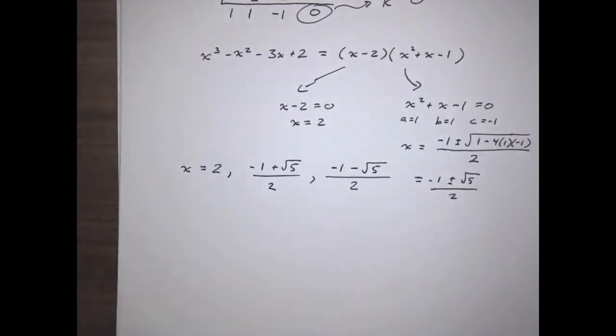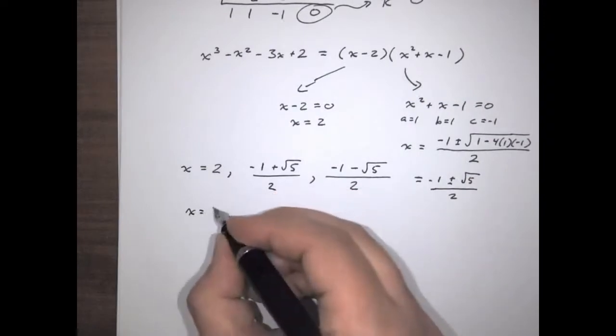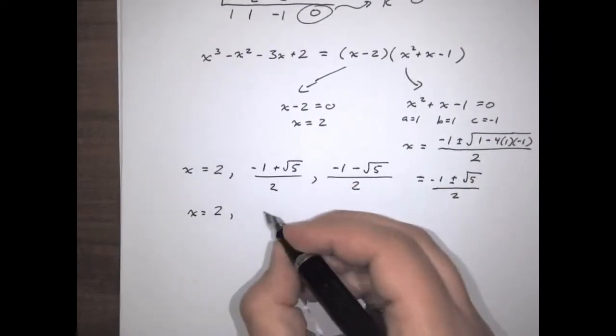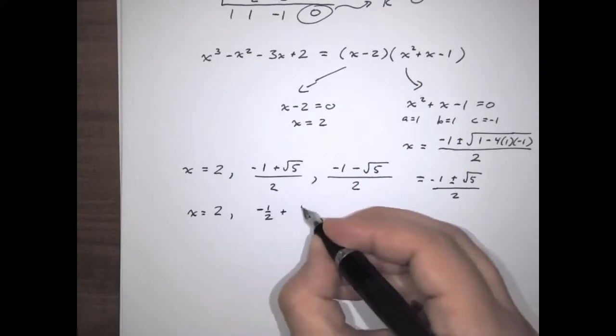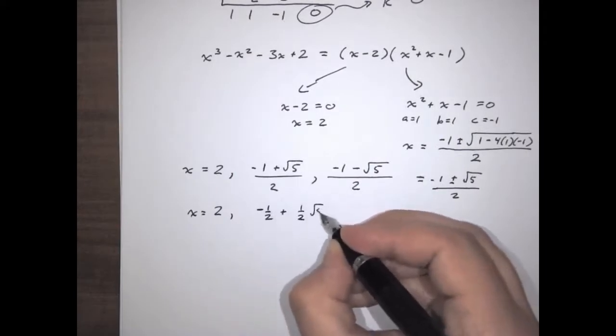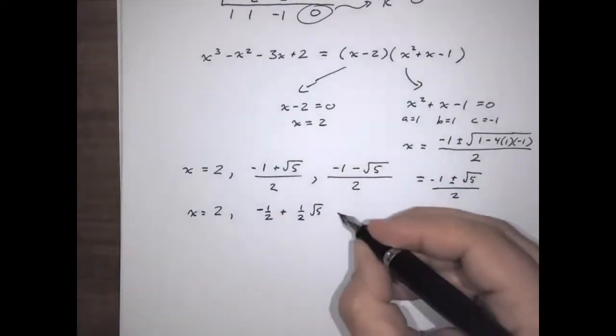Sometimes you will see these two roots rewritten as negative 1/2 plus 1/2 square root of 5, where you just basically distribute the 2 into the two pieces.